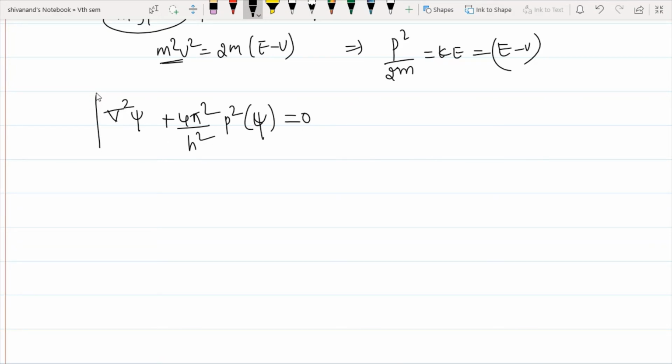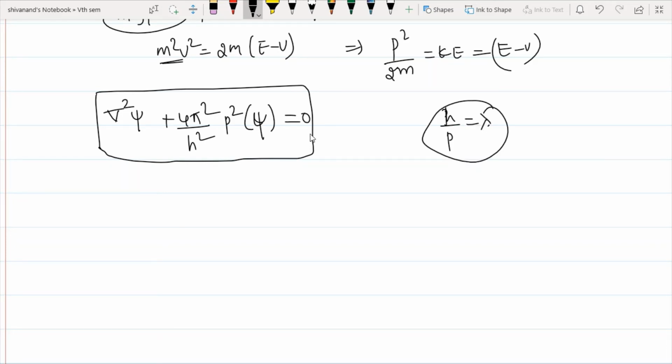This equation is in terms of momentum. As we know, h by p is nothing but lambda, so lambda is replaced in terms of momentum. So this is the relation between wave function and momentum, right?